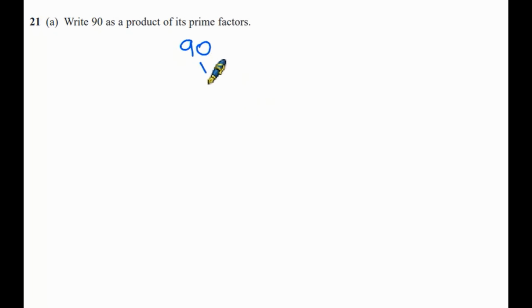So the trick is, first of all, just find 2 factors. 90, well, I'm going to use 10 and 9. And then I'm going to break these down and find 2 factors for each of these. 10 is 2 times 5, and 9, of course, is 3 times 3.